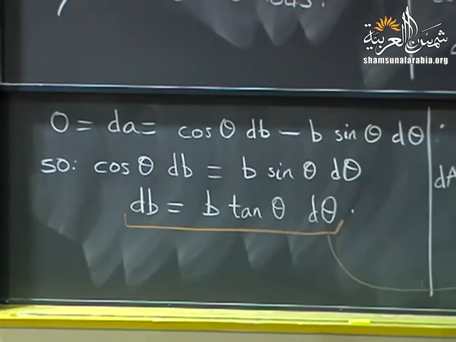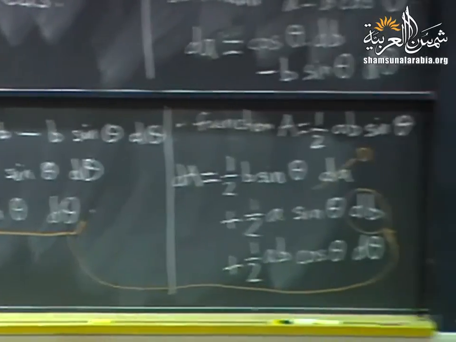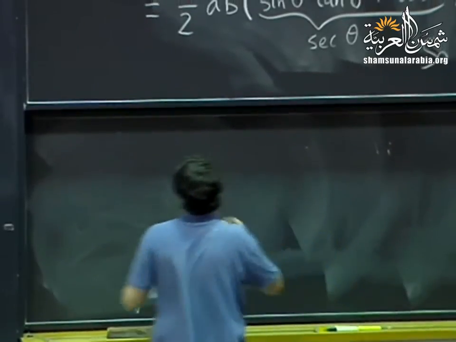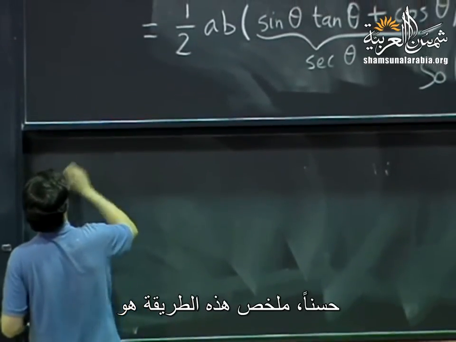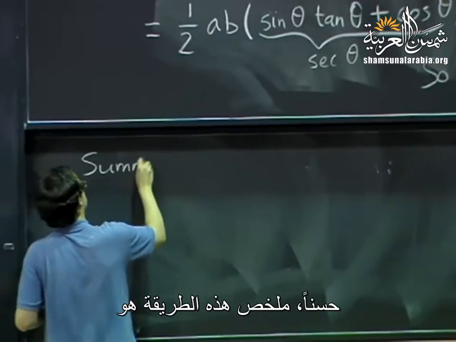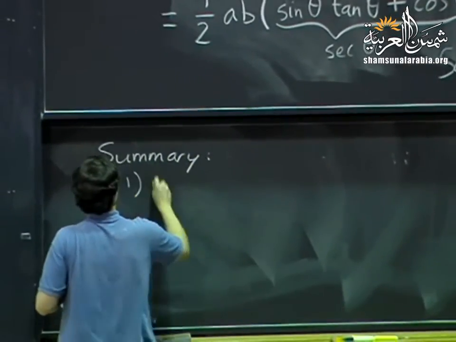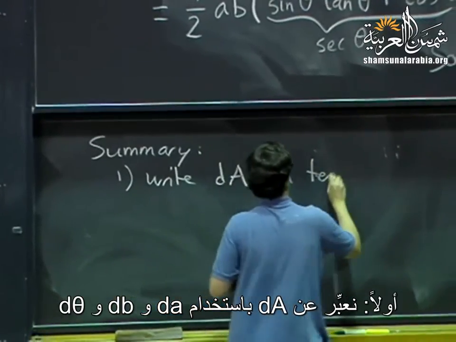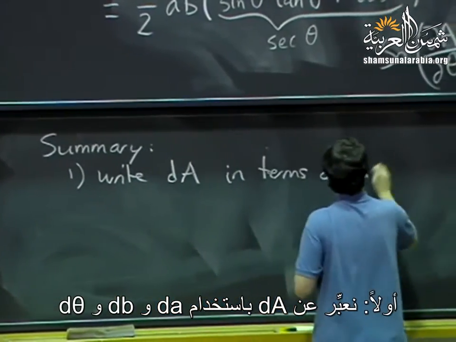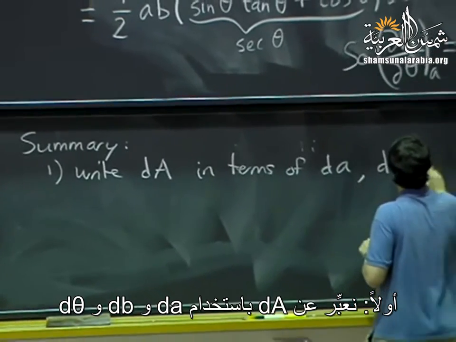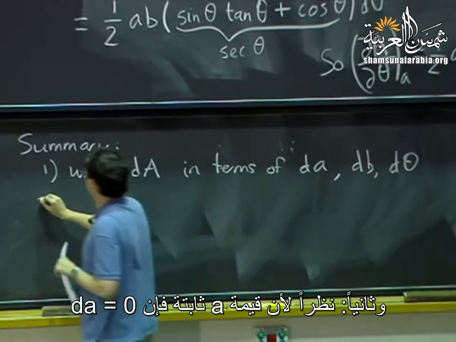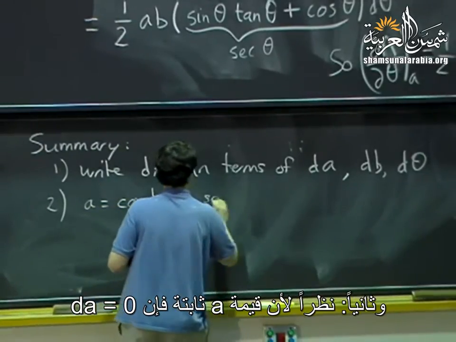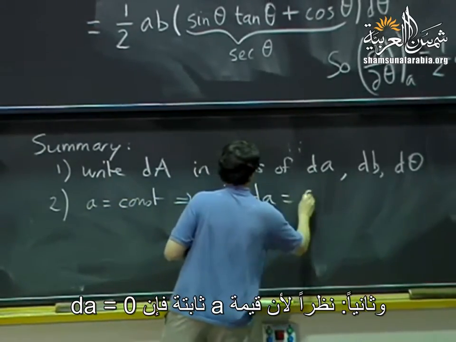Okay, so I guess to summarize the method, we wrote dA in terms of da, db, d theta. Then we say that a is constant, which means we set da equals 0.